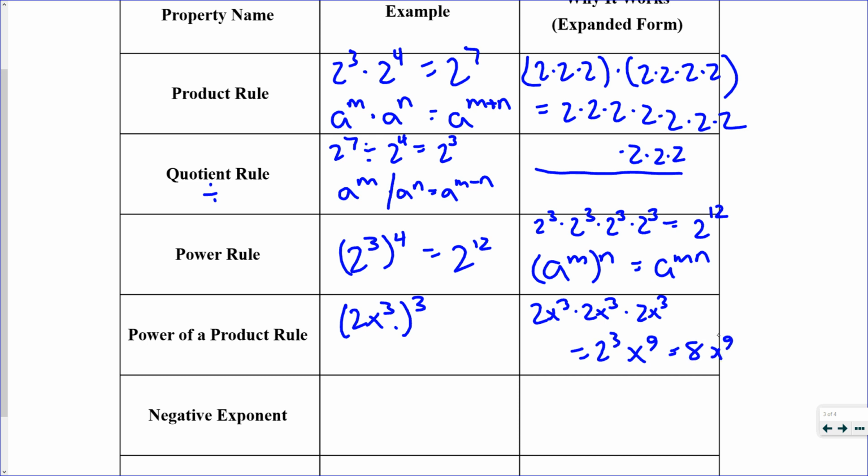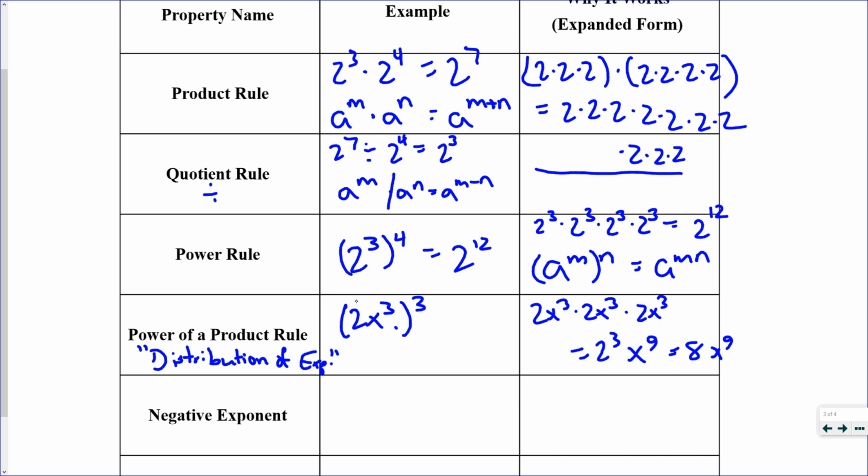And 2 to the third is small enough that we can just rewrite it as 8. So in this particular case, I like to also call this the distributive property, if you will, of exponents. Distribution of exponents, because it turns out exponents distribute across multiplication.